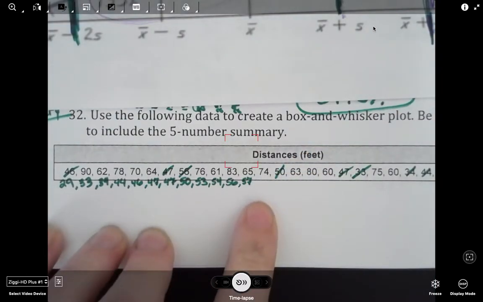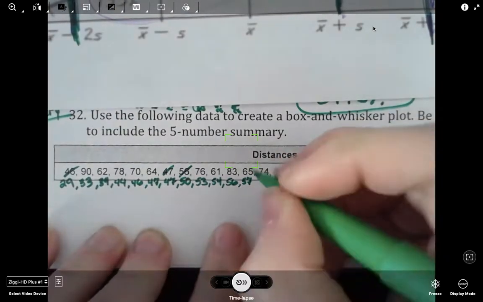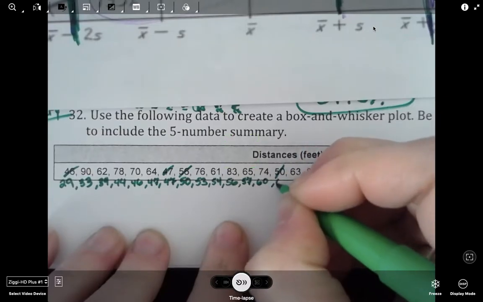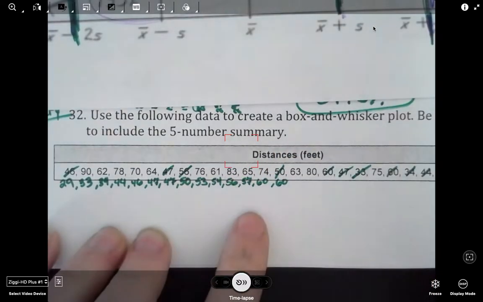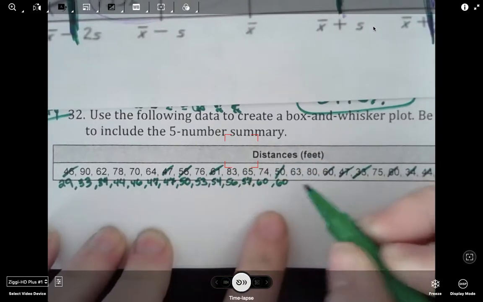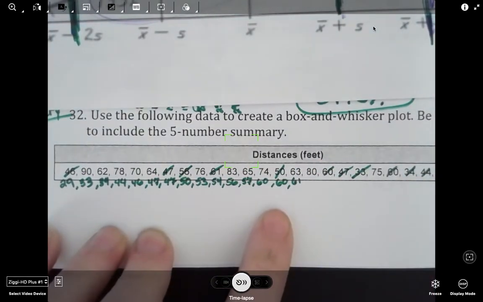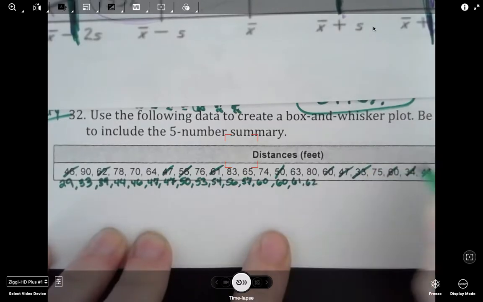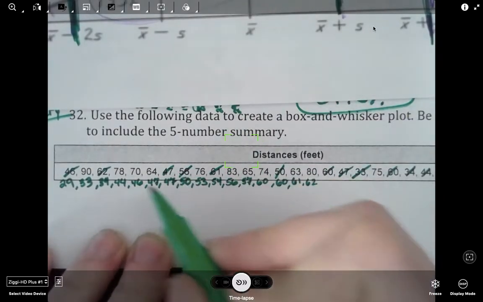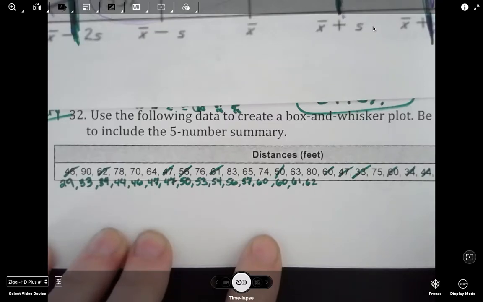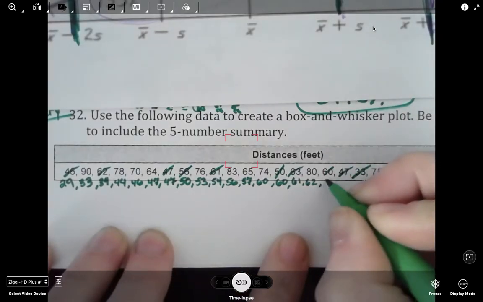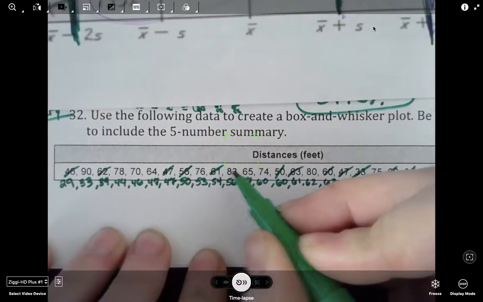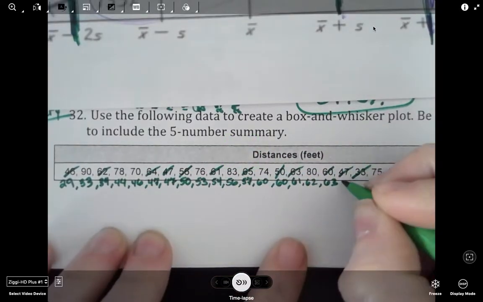Okay, two 60s, 60, 60. 61. Am I going too fast? No. 60, 60. 61, 62. 62, 63. 63. Right there, yep, I see it in the middle. 63, 64, 64, 65.